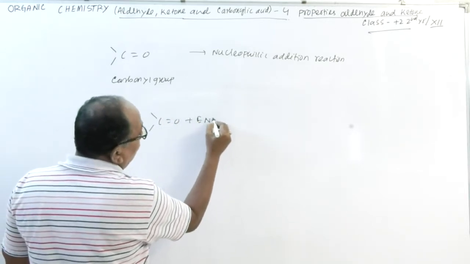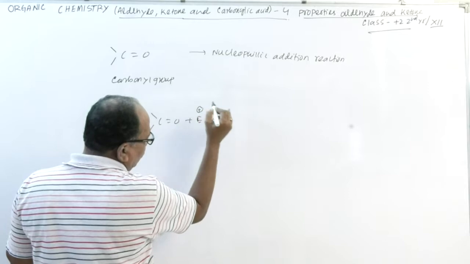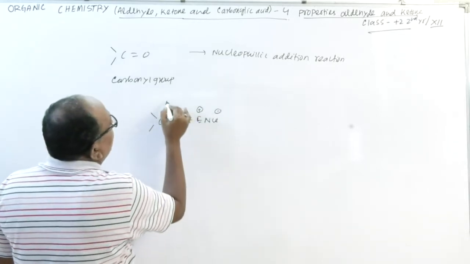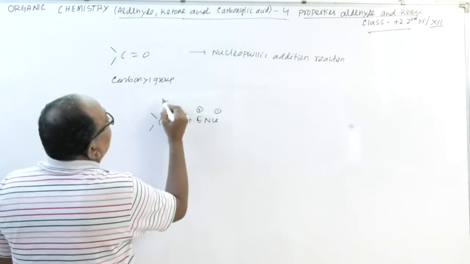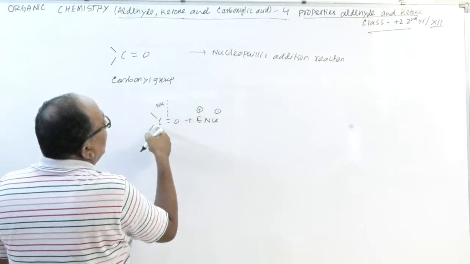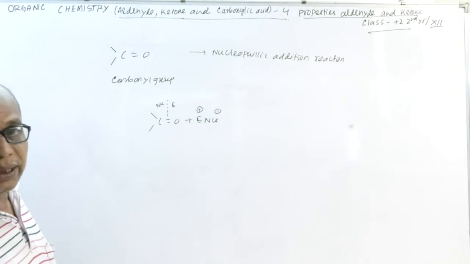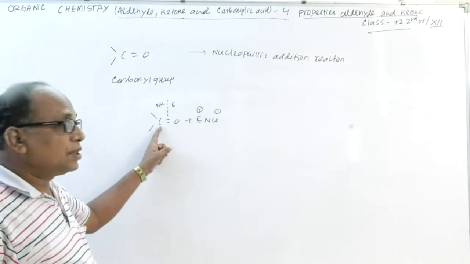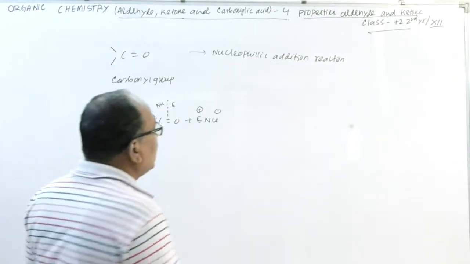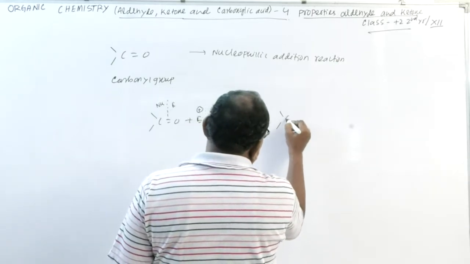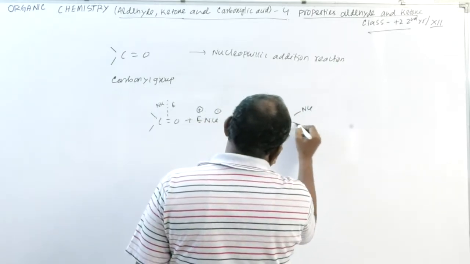That means in the carbonyl group, this is your addendum, this is the positive, electrophilic part, this is the nucleophilic part, and this bond breaks here. The nucleophilic part comes to the carbon side, and the electrophilic part goes to the oxygen side, because carbon is positively charged and oxygen is negatively charged, to form the corresponding addition compound.